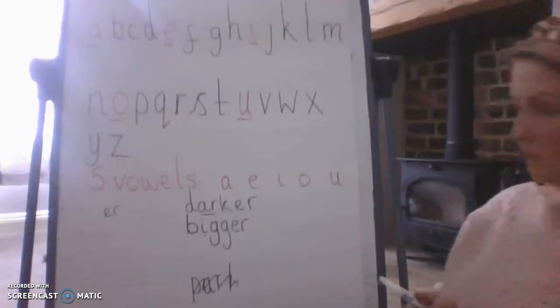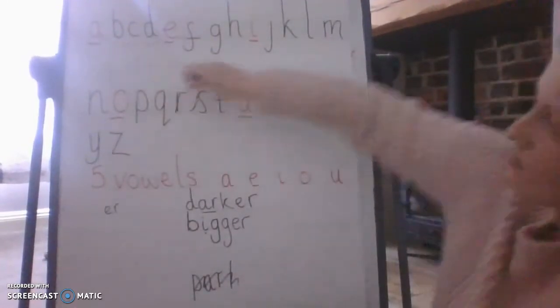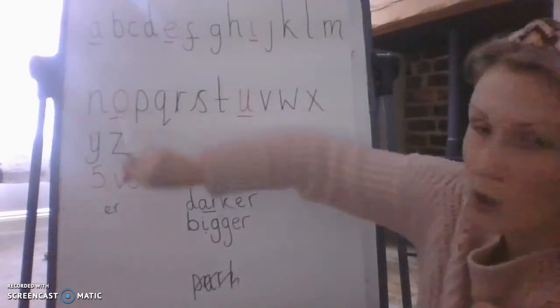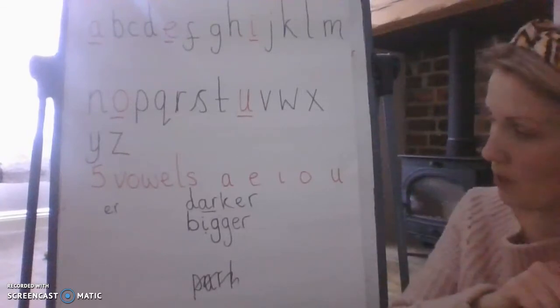Okay. So what I'd like you to do today is to write down your alphabet and put your vowels in a different colour. Okay, that is your first job to do.